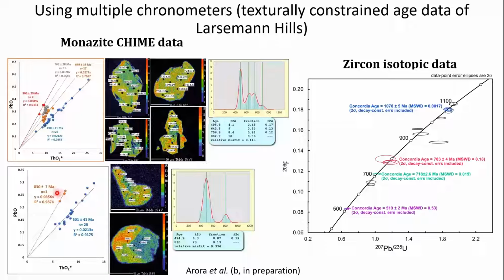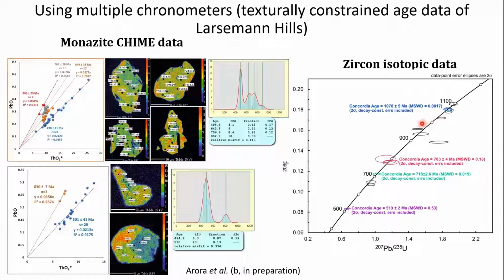Similarly, 830 is extracted from the core of zoned monazite grains, and 501 is extracted from rims of zoned monazites and the unzoned monazites present in the matrix. It's actually interesting as well as lucky to see that zircons also record these events, concordant ages of 519, 718, 783, and an older component of 1070 Ma are recorded.